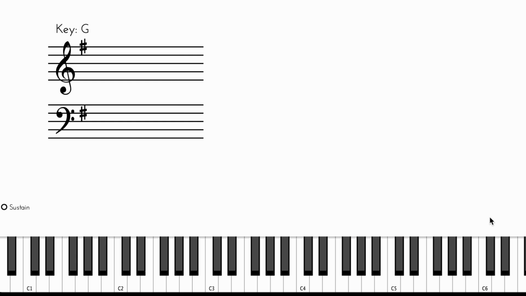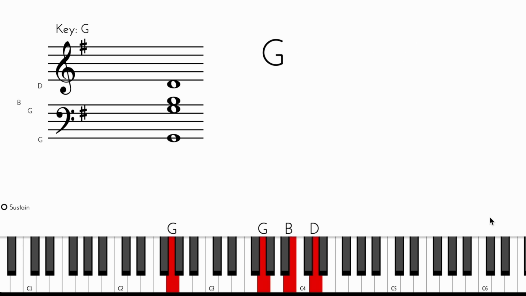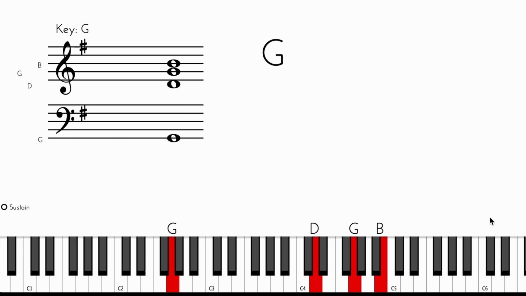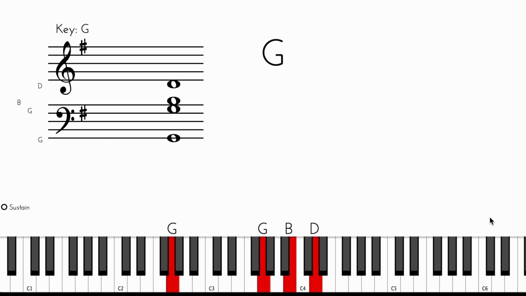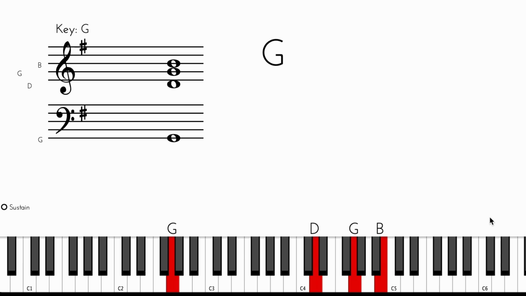So these are your inversions, and then let's just do them again for the last time. And this time I'm not going to be that slow, so that we don't make this video longer. So 1, root chord, first inversion.